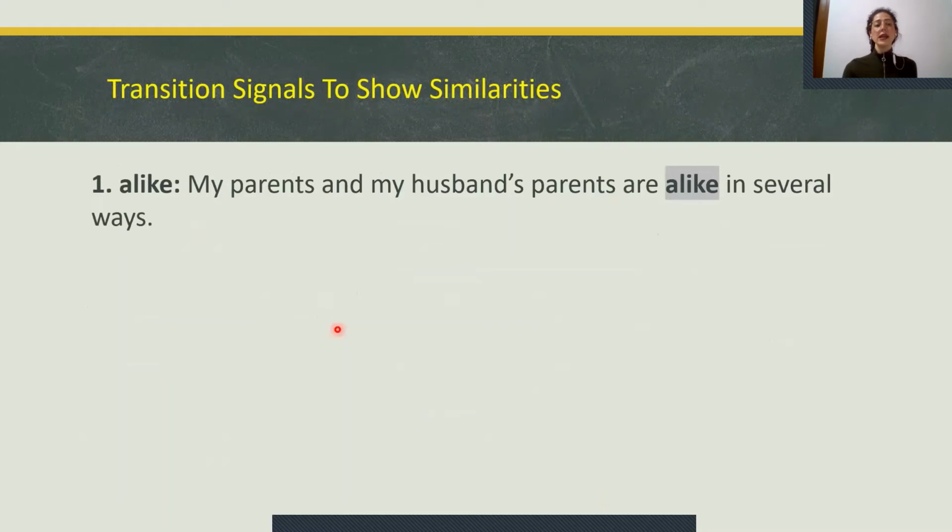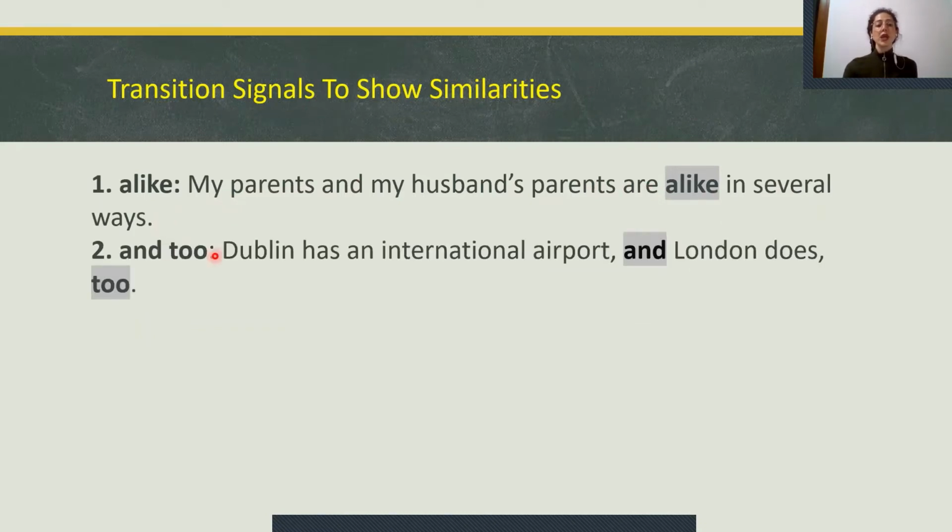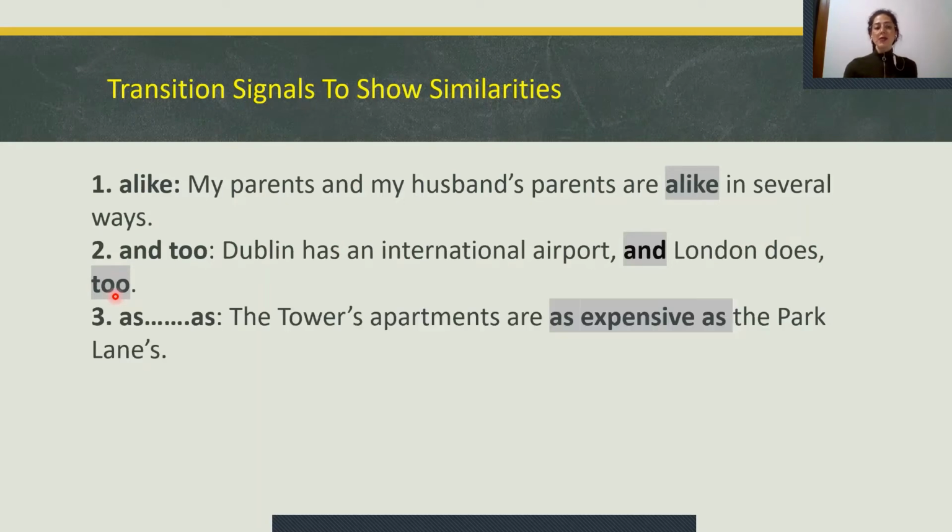Alike. The example sentence: my parents and my husband's parents are alike in several ways. Several ways means similar, guys. Too: Dublin has an international airport and London has an international airport too. Two things sharing, comparing. Parallel things.